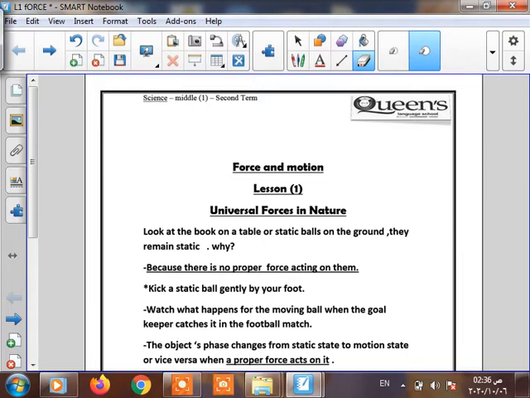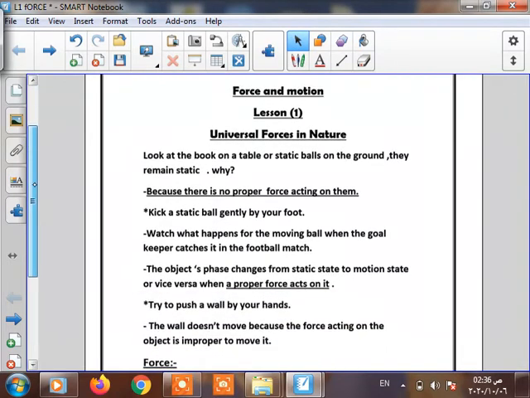First, to understand the concept of force, we must study some situations. When I have a book on a table, it will remain static as no effect or force acted on it.